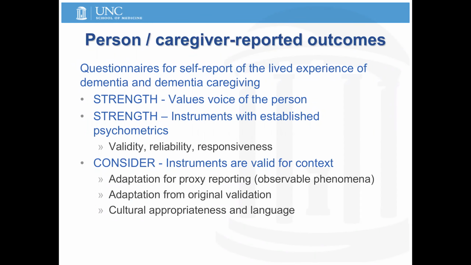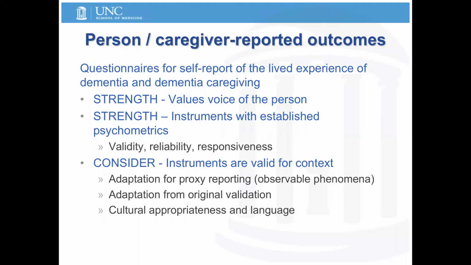So let's talk first about person and caregiver reported outcomes. These are questionnaires that provide for the self-report of the lived experience of dementia and dementia caregiving. These are likely to really resonate with stakeholders. And these outcome methods have incredible strength because they directly value the voice of the person and their caregiver by allowing them to self-report their experience.